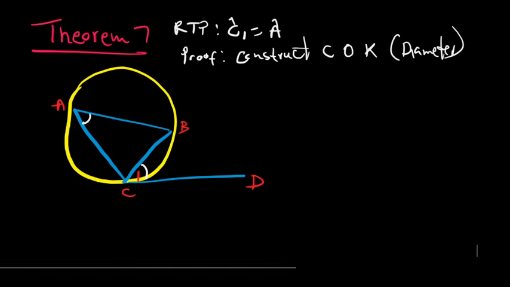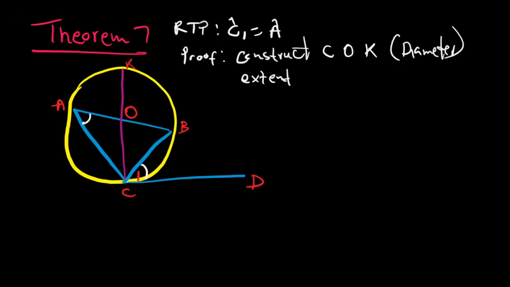So you're just going to construct the diameter going up like this. Somewhere here is going to be your O, and this is going to be your K. And then you're going to extend your line KA, meaning you're going to extend the line going in that direction.